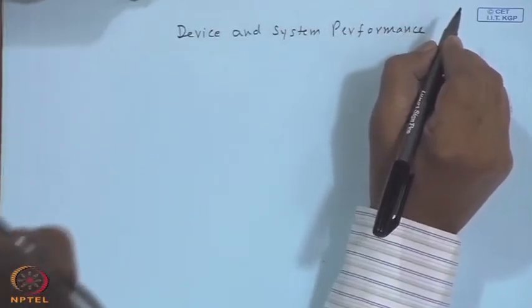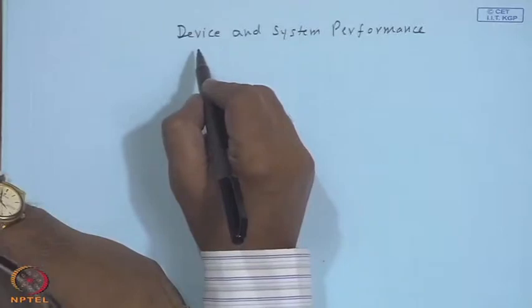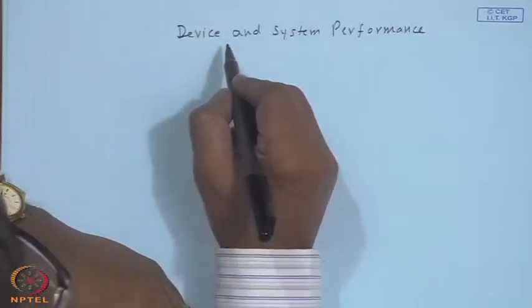All the while we were considering the solar flat plate collectors or concentrating collectors, we were focusing on the collector performance. So, no doubt it gives you the useful energy, but then the complete system comprises not only the solar collector, but several other components.